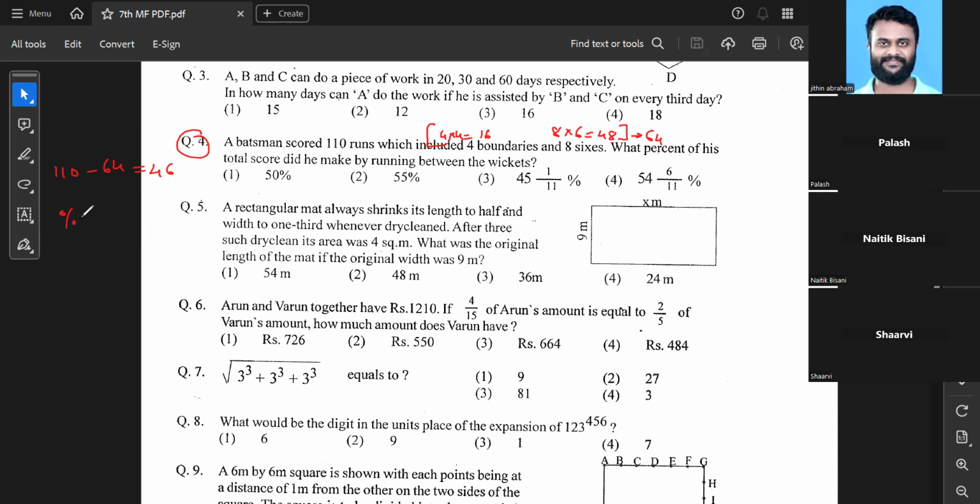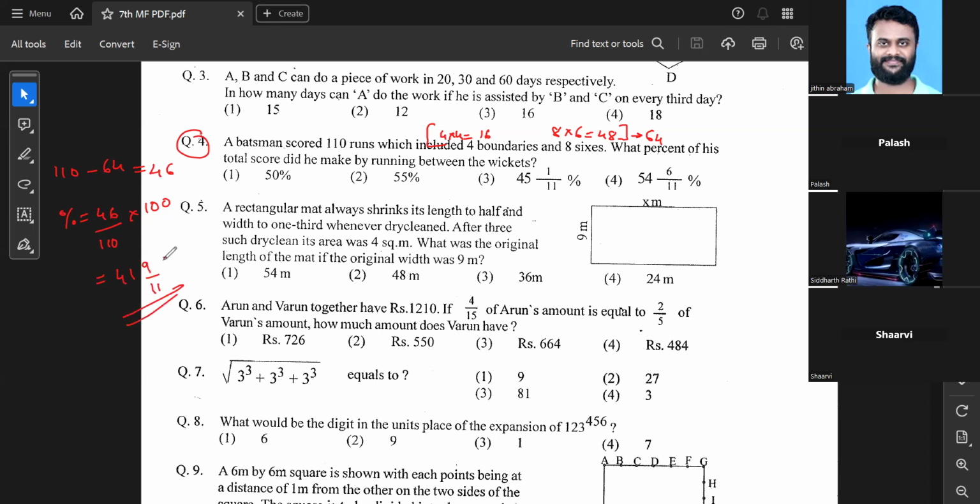So the percentage, if you wish to find, is 46 divided by 110 multiplied by 100. I'm getting 41 and some percentage. You're absolutely correct, that's not going to work. It is 41 and 9 by 11.